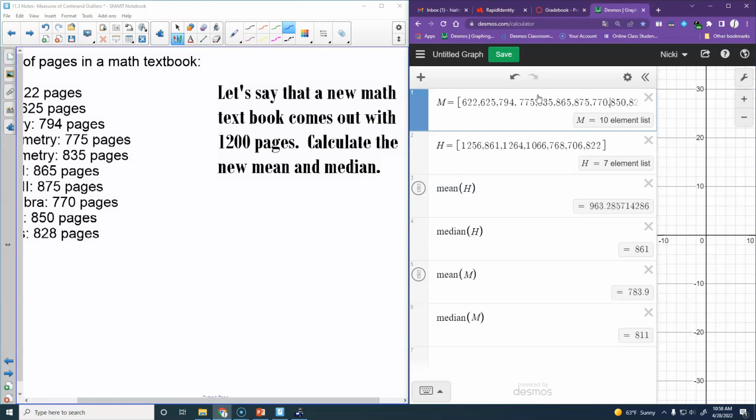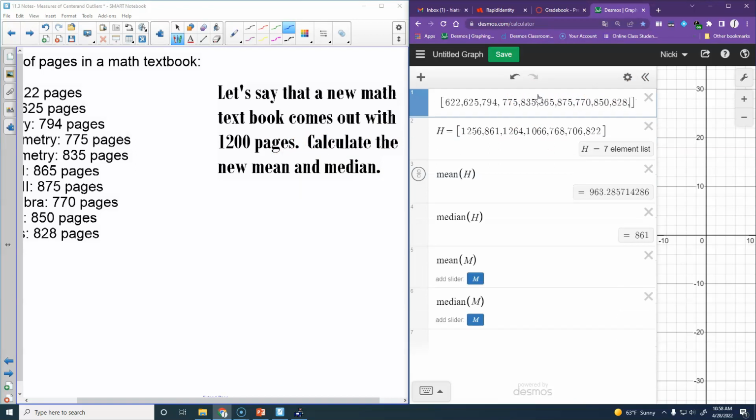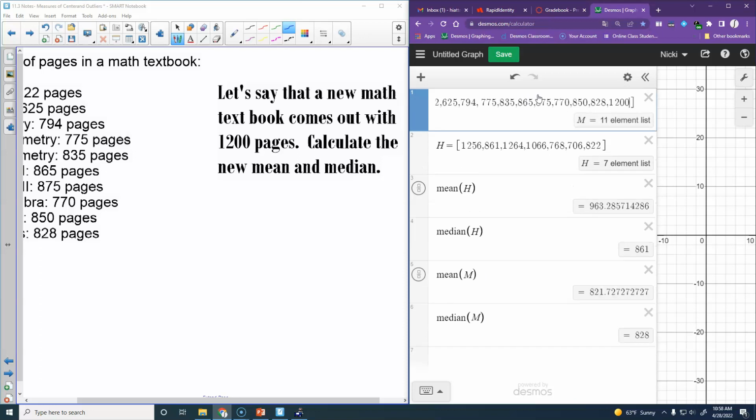All you have to do here is just add 1,200 to the end. Okay? So the new mean is going to be 821.72 repeating, and the median is going to be 828.